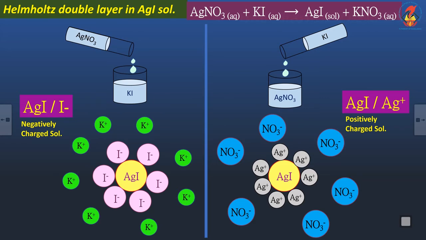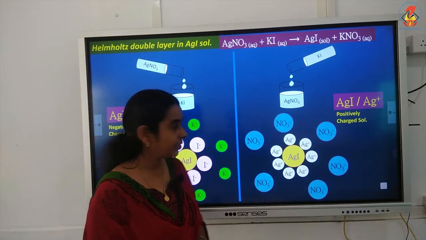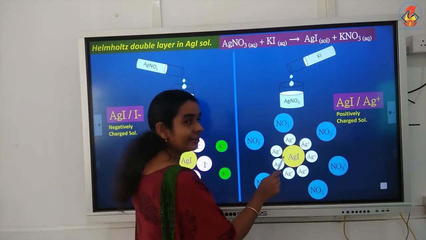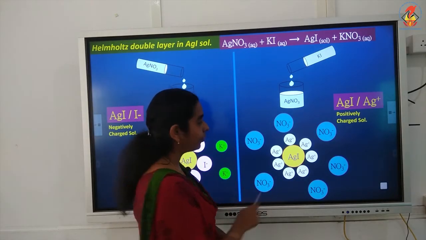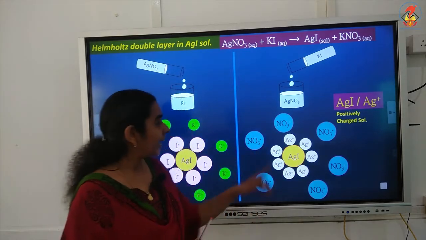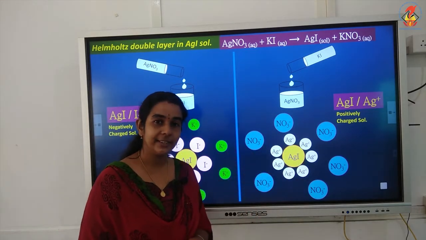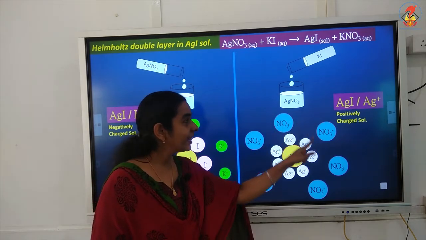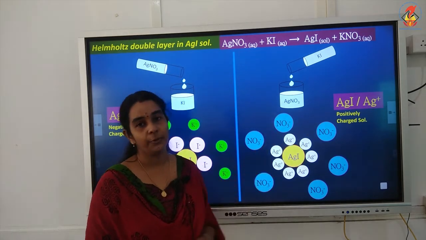So the AgI precipitate formed here has a tendency to adsorb the common ion from the dispersion medium, which is Ag plus ions. So here the first layer, or the fixed layer, of positive Ag plus ions will be formed, and this positive layer has a tendency to attract the negative ions from the surroundings.